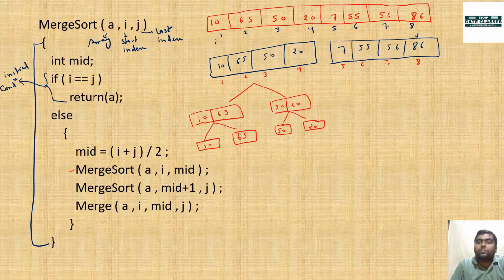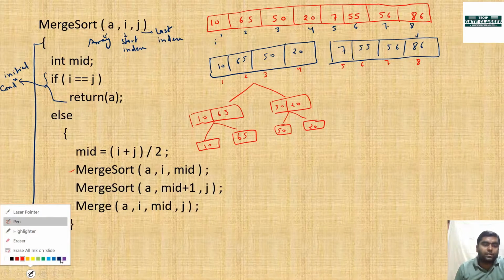Okay, now this part, fine. After this, what will be the resultant solution? After that, this part will be there. If i equals j, in this case i equals j, so 10 will be returned and 65 will be returned, and finally here 10 and 65. Let us change the color so it is clearly visible.